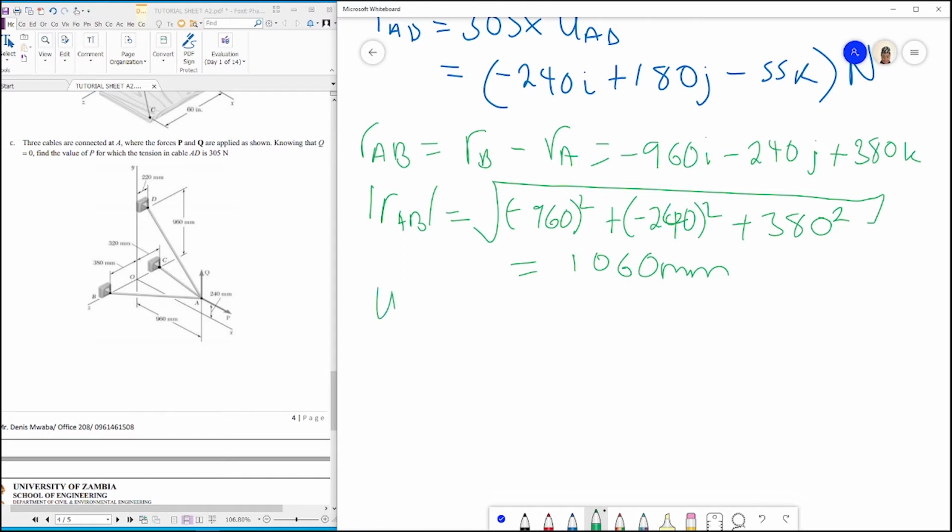So then the unit vector in the direction of AB will be equal to dividing this in there.